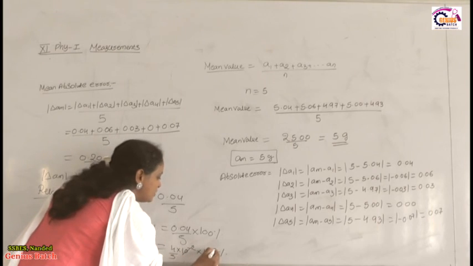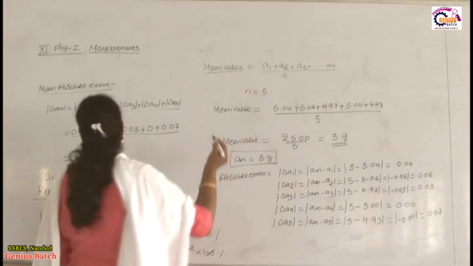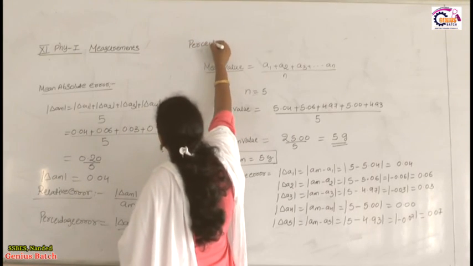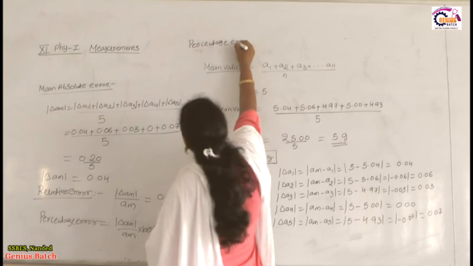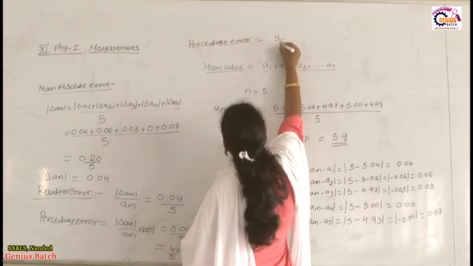So I can cancel out this 10 raised to minus 2 and this 10 raised to plus 2. So we will get percentage error is equal to 4 by 5 percent.